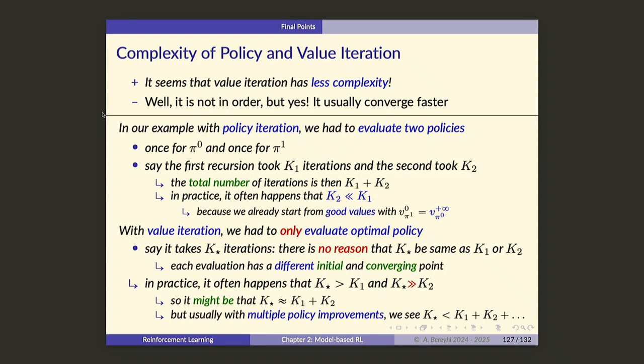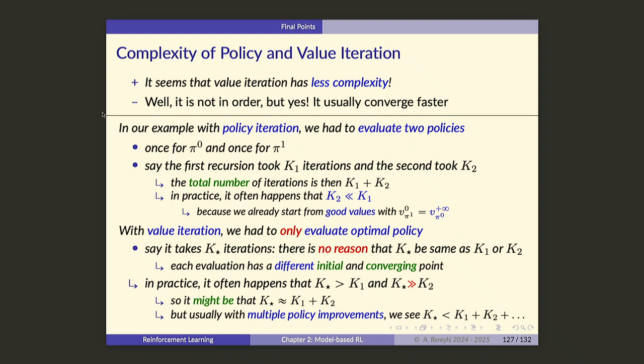But in terms of the order, it doesn't change. By order I mean how it scales with the number of states or the number of actions that you have. It's going to be the same, meaning that if you have a very big environment, both of them are going to take roughly the same amount of time to converge, okay? Now, this is the key point.